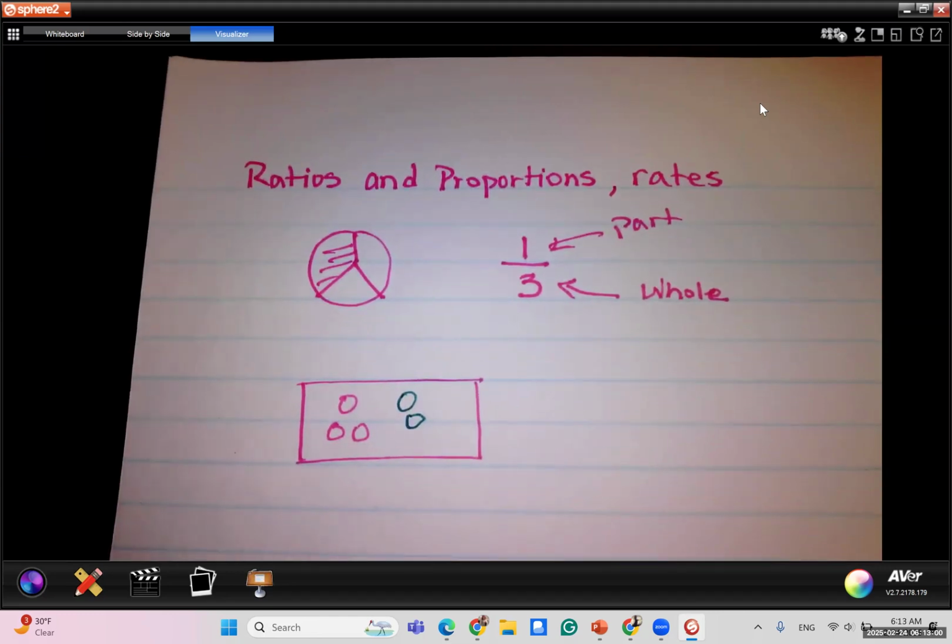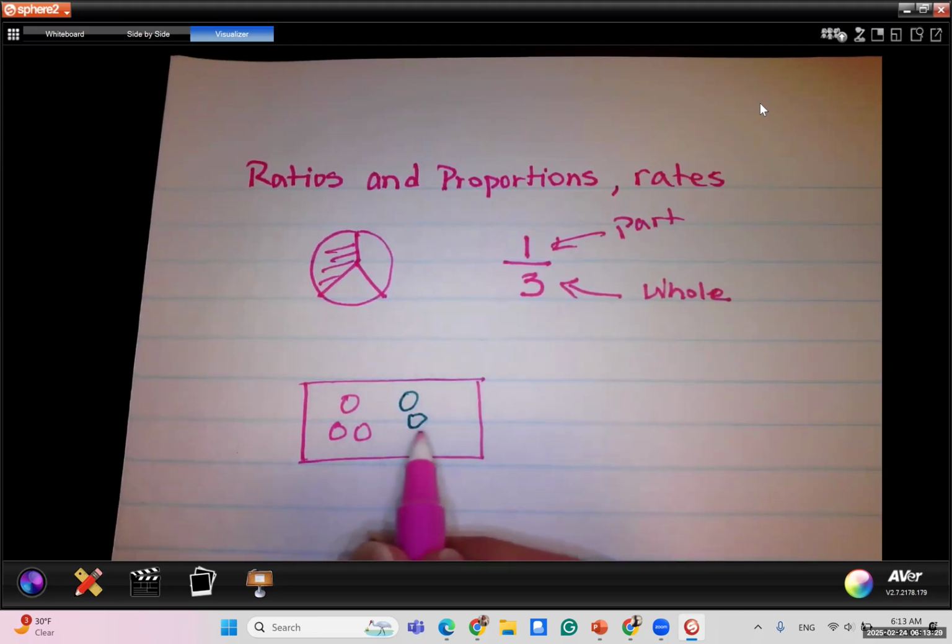So if I want to represent the number of green marbles to the total of marbles, then that will be a fraction because it's 2 out of a total of 5 marbles.